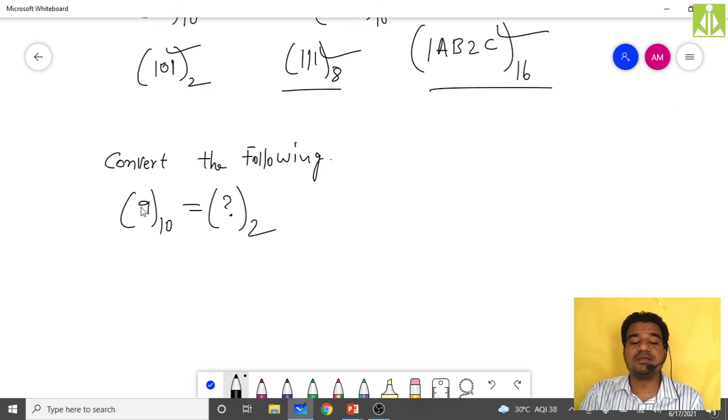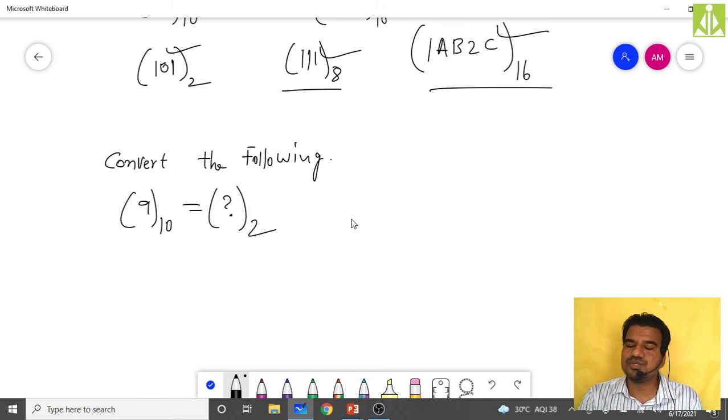Now what have they given? They have given decimal 9, and they want us to give the binary equivalent, base 2. So basically we have to convert this 9 into binary. How can we do it? Take the division by 2, and every time you divide, write down the remainder.